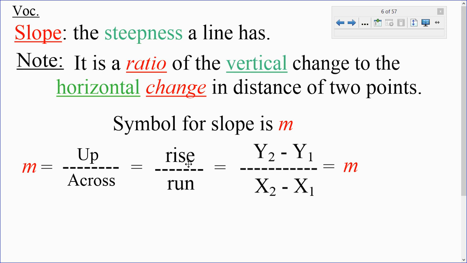We also call it the rise over run, or the change in the vertical axis points, the y coordinates, which is the y second point minus the y first point. We'll find out what that changes. Over the run, how many points it goes across from the x second coordinate to the first coordinate. That will equal our slope.